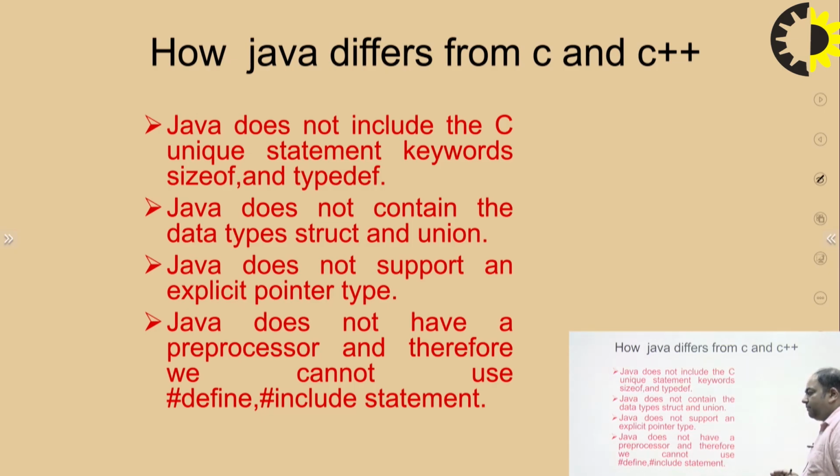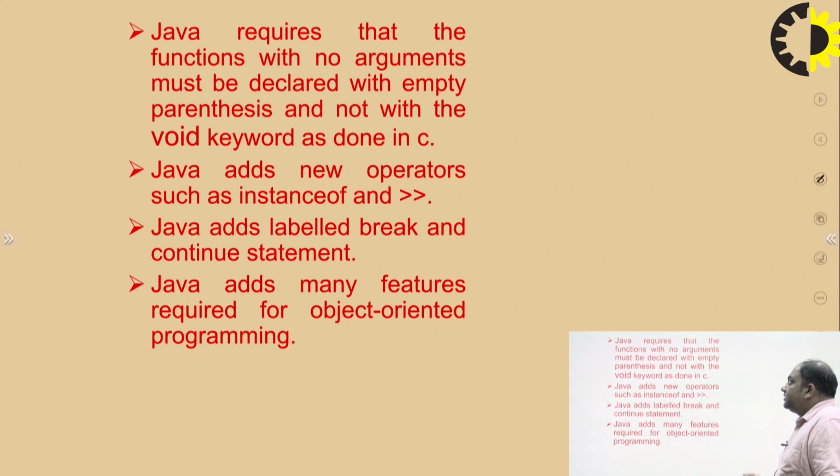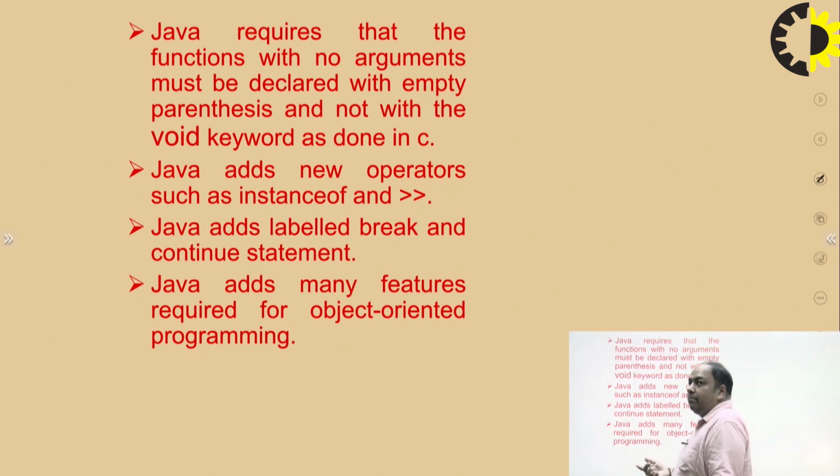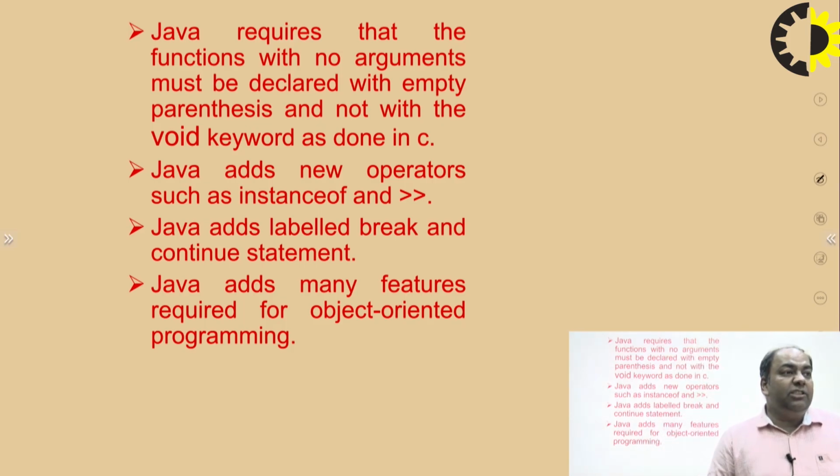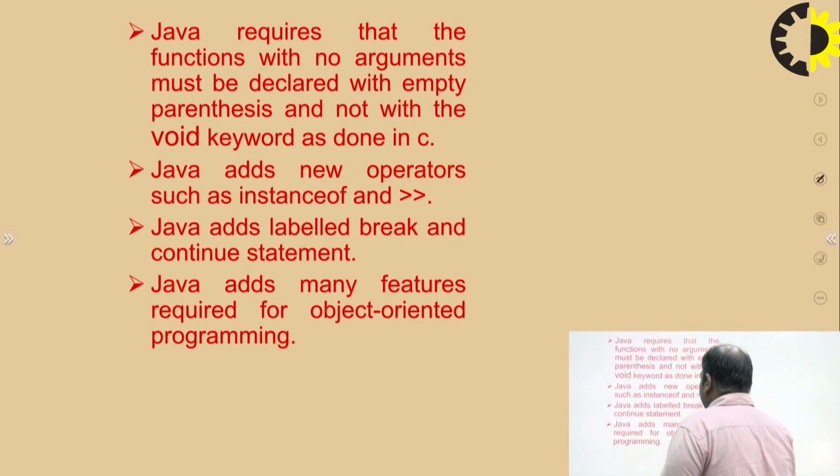Java does not have a preprocessor or any #include type statements as we have in C. Java requires functions with no arguments to be declared with empty parentheses. Java adds a new operator, instanceof. Java adds labeled break and continue statements, and many features required for object-oriented programming, like I have explained earlier.